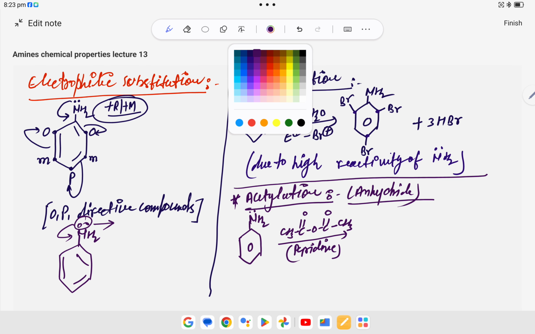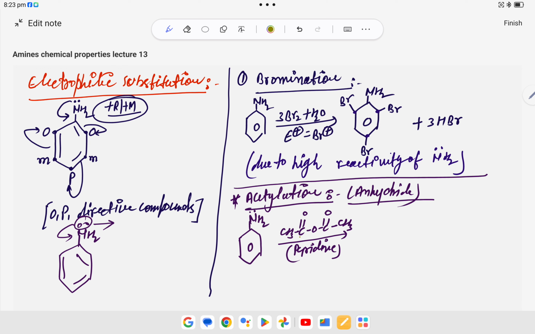If you are doing this, then what happens? Here you have two positive centers, this carbon and this carbon, any one you can choose. Then the lone pair attacks the positive center, and you will get hydrogen, C double bond O and CH3. This species you will get.